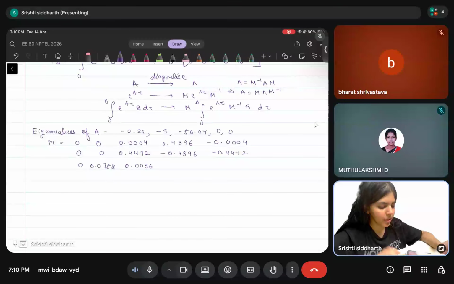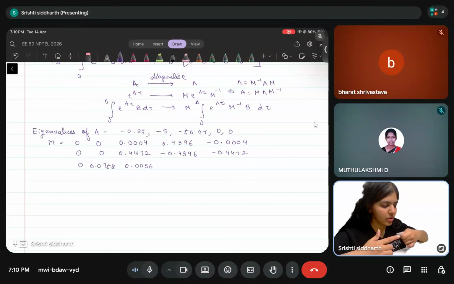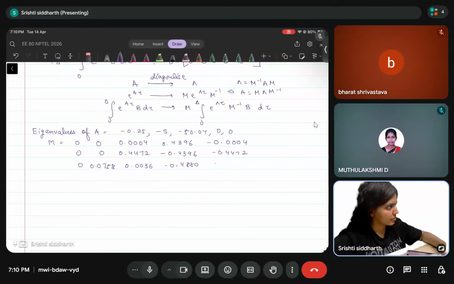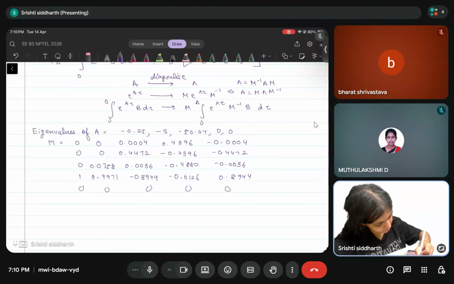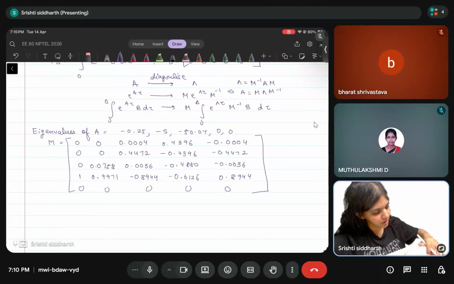You can check in the assignment whether the matrix A has unique eigenvalues, and it's a simple tangent matrix, right? Okay, so this is the matrix.